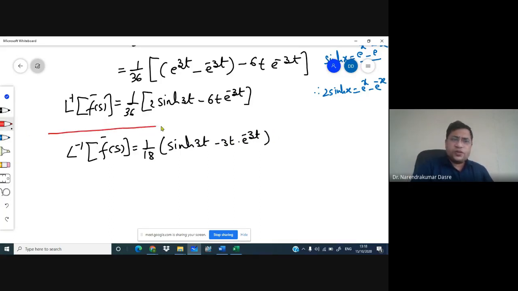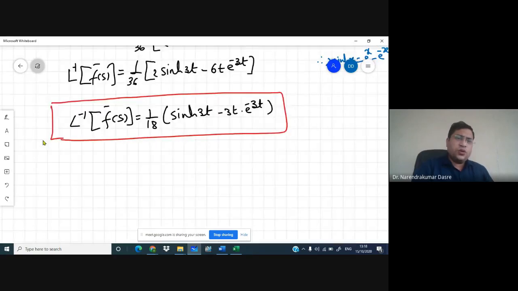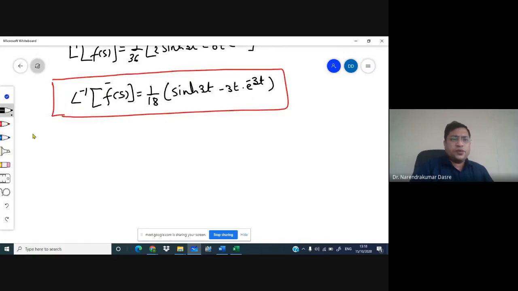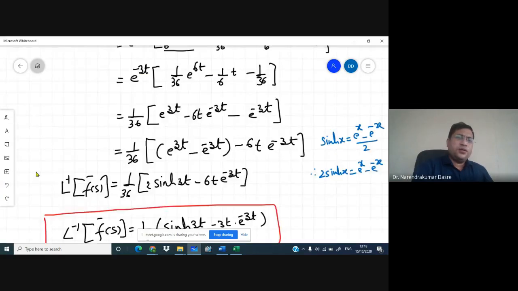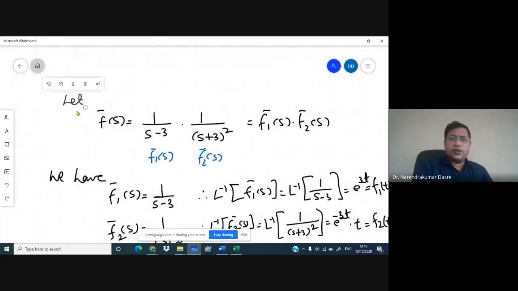So this is what you'll be having: the inverse Laplace transform of 1 upon (s plus 3)(s minus 3) whole square. And this is 1 by 18 times hyperbolic sine of 3t minus 3t e raised to minus 3t. Okay, that's the example.